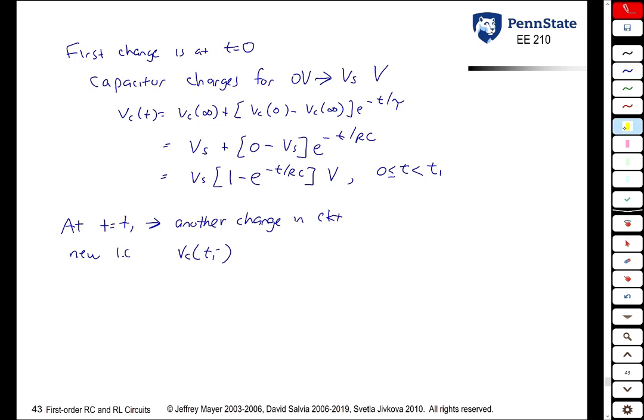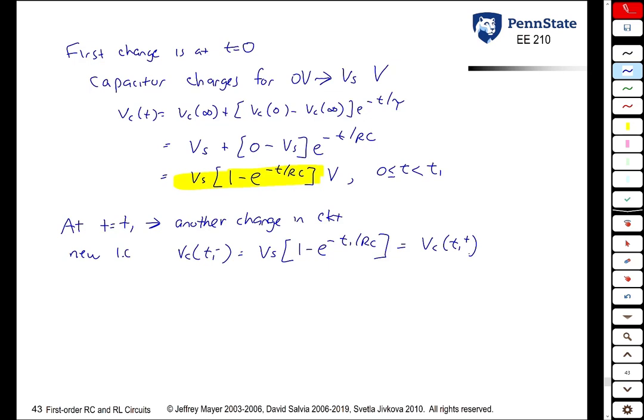You basically plug T1 into that expression there. Vc of T1 minus is just Vs times 1 minus e to the minus T1 over RC. And this also has to be Vc of T1 plus.